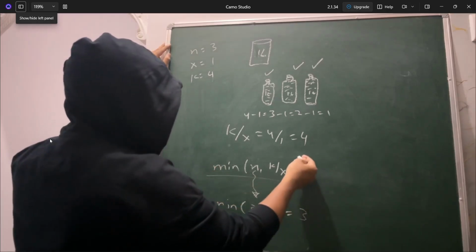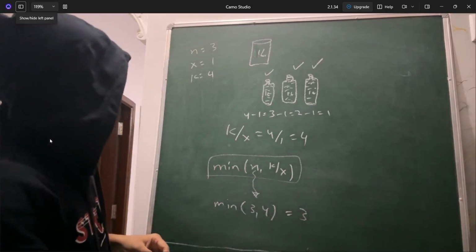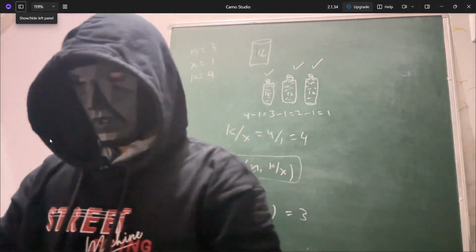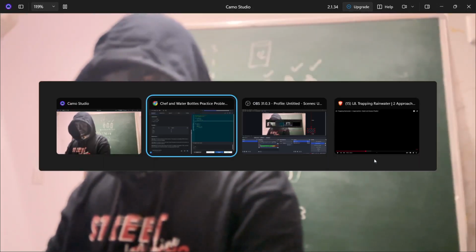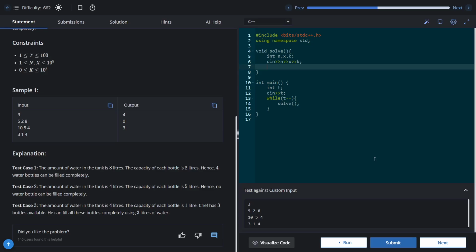So this is the formula that we'll be using for coding. So basically this was the case wherein water bottles were fewer, that's why all the water bottles will be filled, and the remaining water will be there in the tank. So we'll take the minimum of n comma k by x.